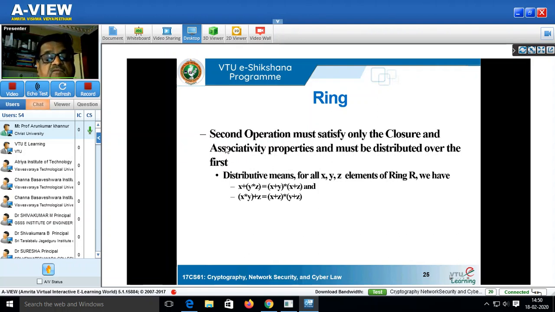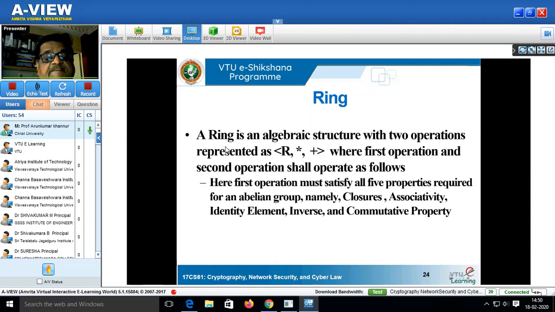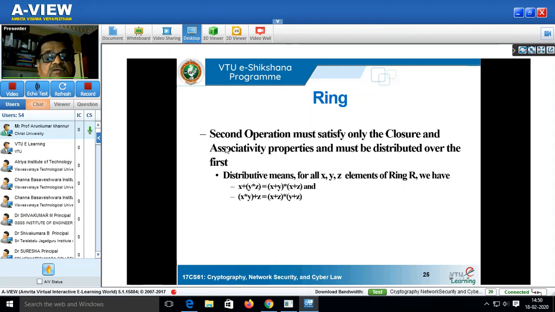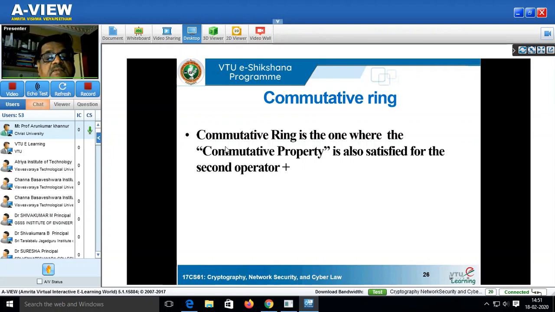When this is being fulfilled, then it is called distributive. Means to qualify as a ring, the two operators star and plus must fulfill these, and along with that there is a need for the second operation to be distributive. Along with these properties, if commutative property is also satisfied for the second operator plus, then we call it a commutative ring.